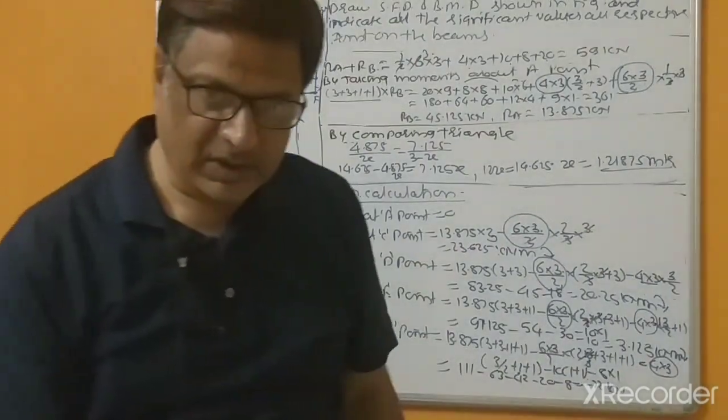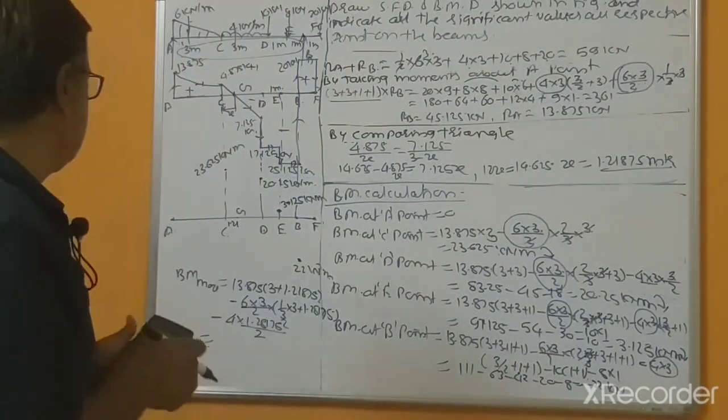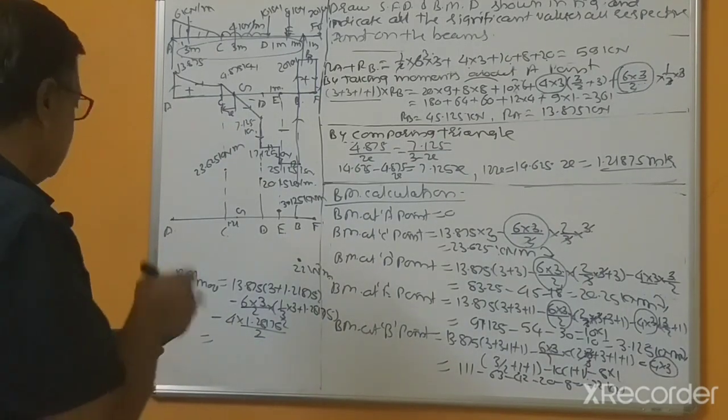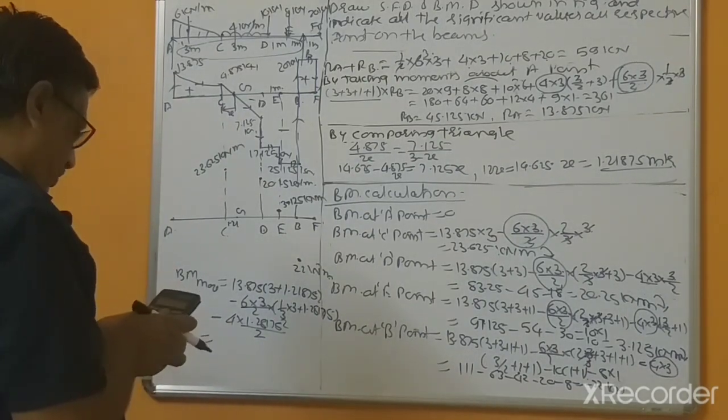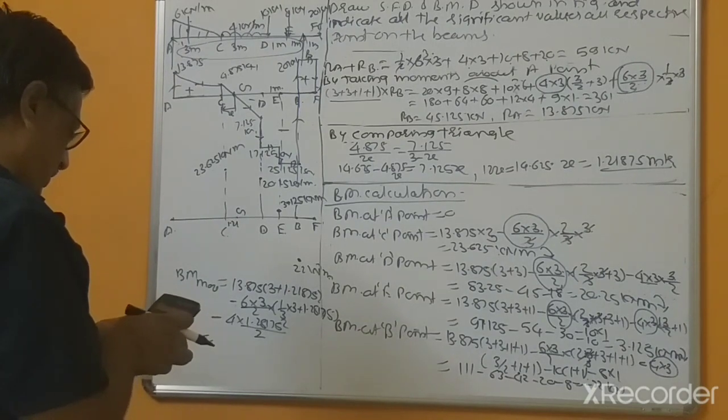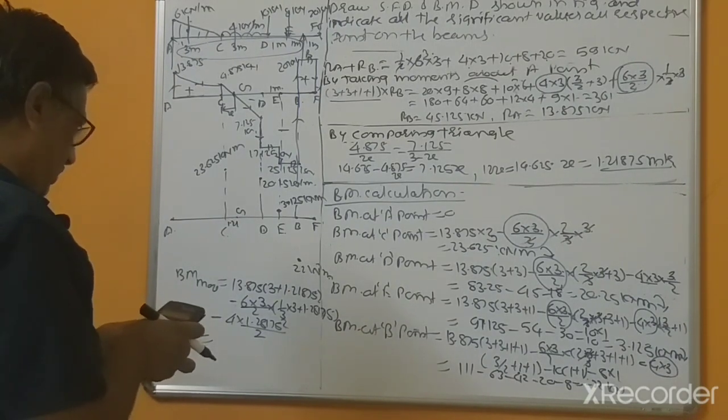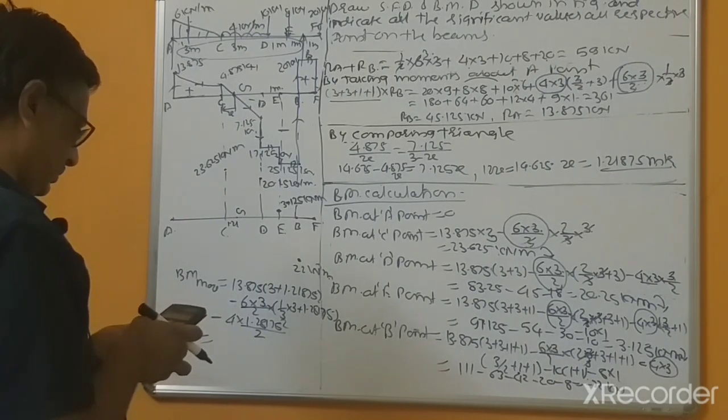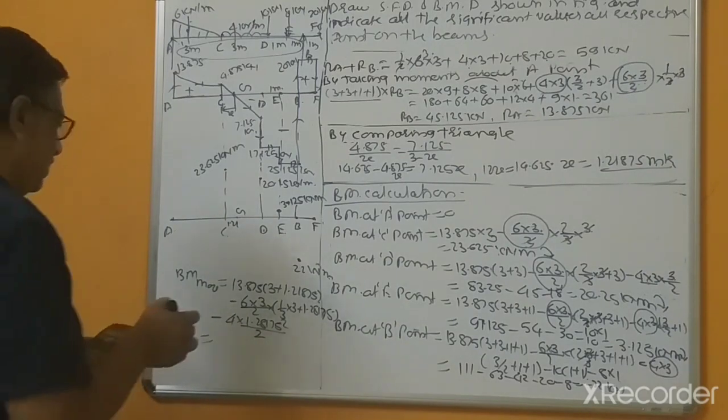So this is 13.875 multiplied by 4.21875, 58.53.